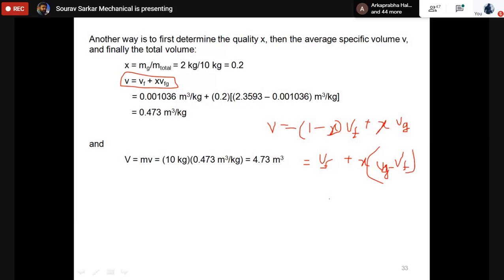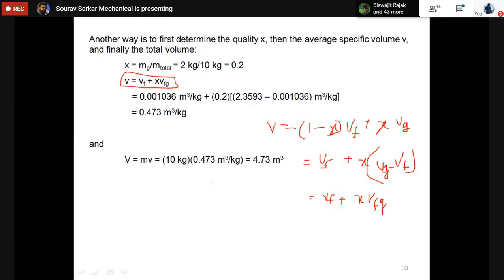So finally I can write down it is VF plus x into VFG. That is why they have given you some FG values, but for volume it was not given.